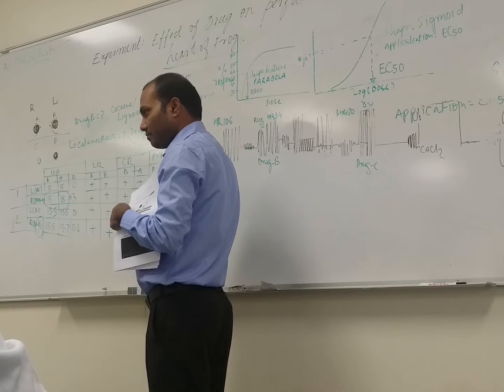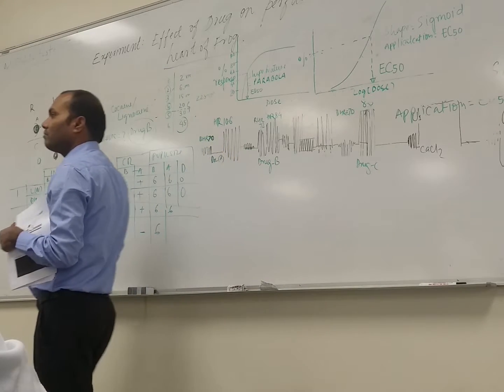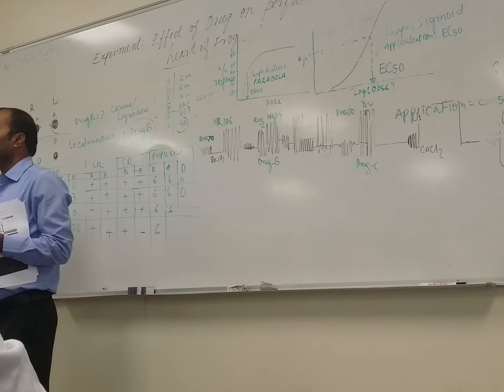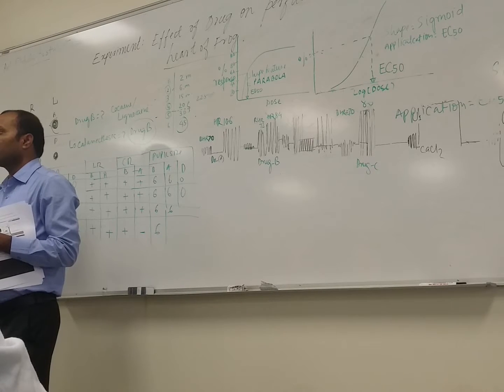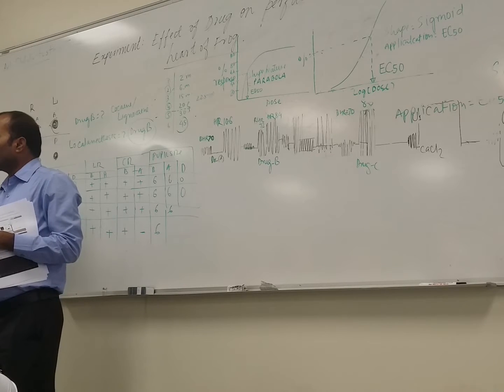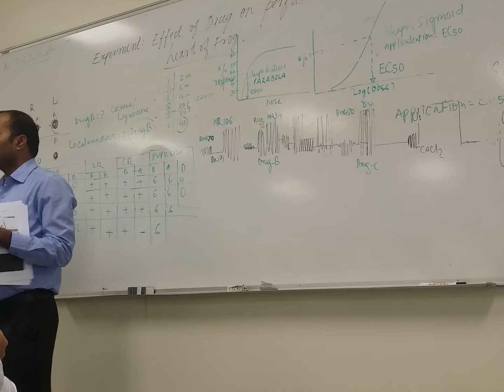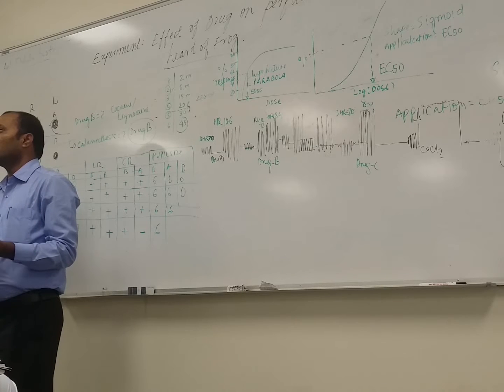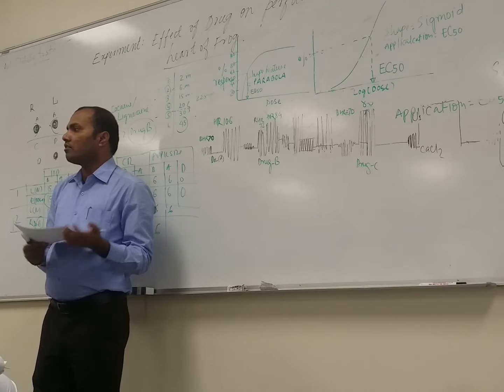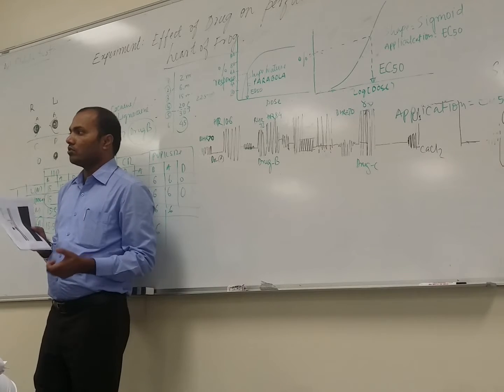Now, if you want to draw a graph between the dose and response, EC50, once you convert those into the log value. For EC50, we are converting the dose into the log dose.